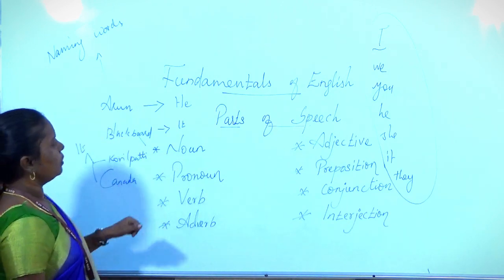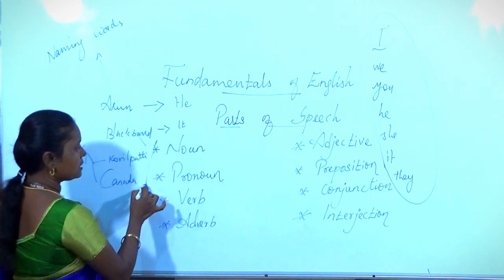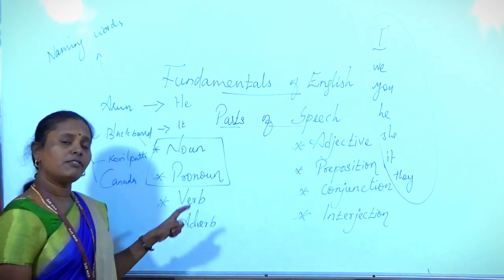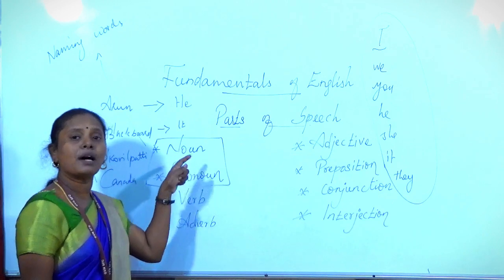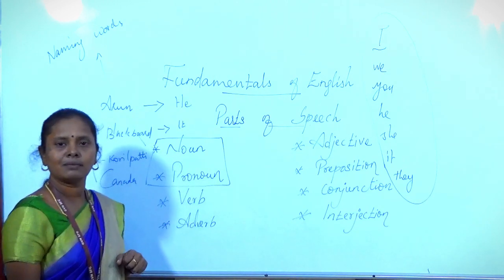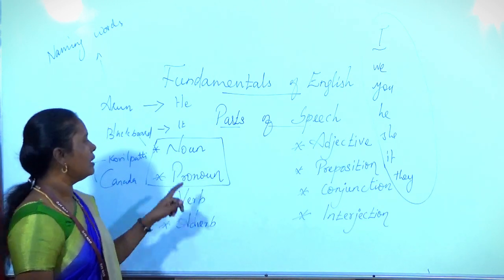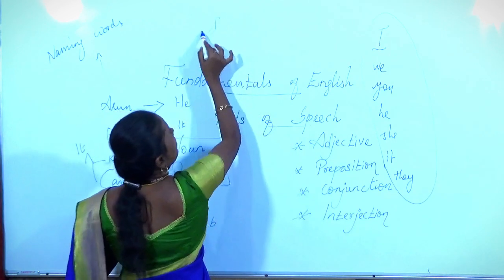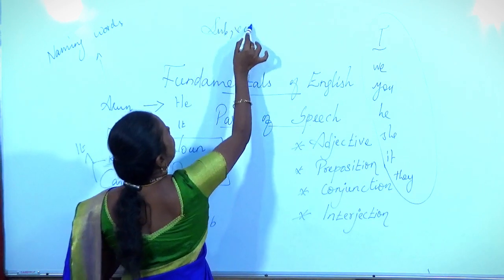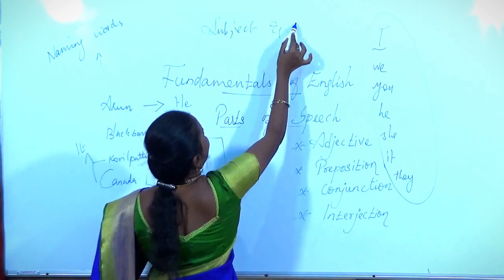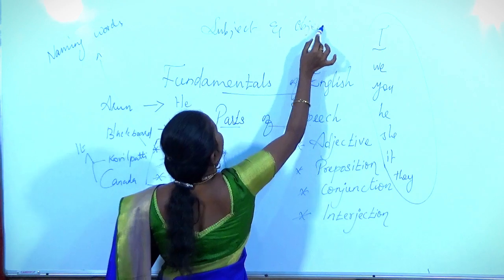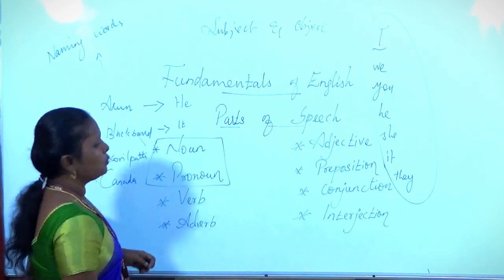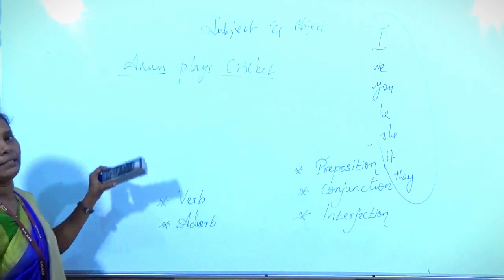So we have seen what noun and pronoun are. And what are the functions of these two parts of speech in a language? Yes, these are used as subject and object of a sentence. For example, Arun plays cricket.